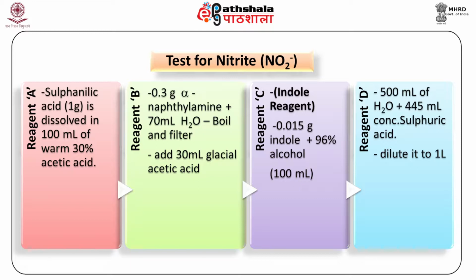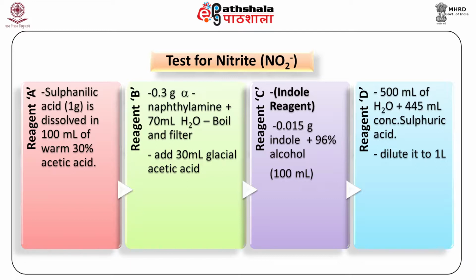Reagent B: take 0.3 grams of alpha-naphthylamine and dissolve it in 70 milliliters of distilled water, then boil and filter it. Add 30 milliliters of glacial acetic acid to it.